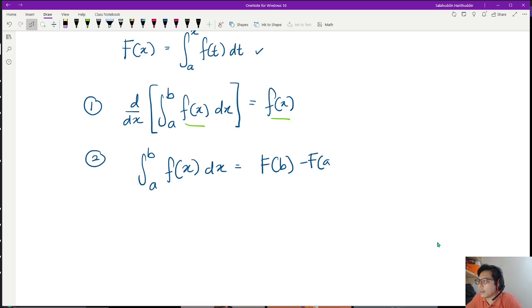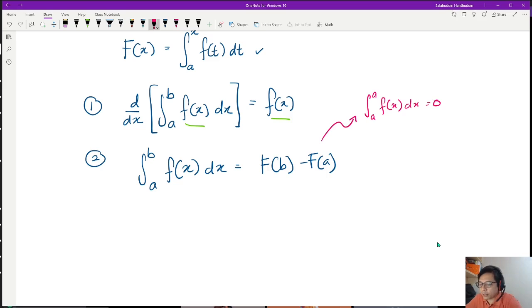Okay, and I think it's obvious from here that if you integrate something from a to a, the result will be 0. I think it's apparent from that.